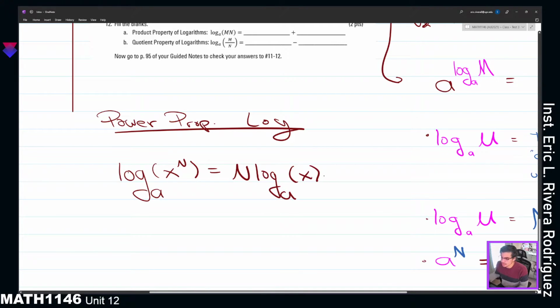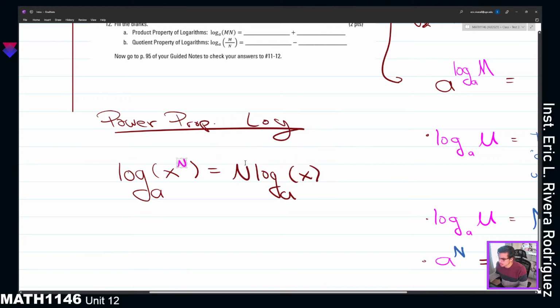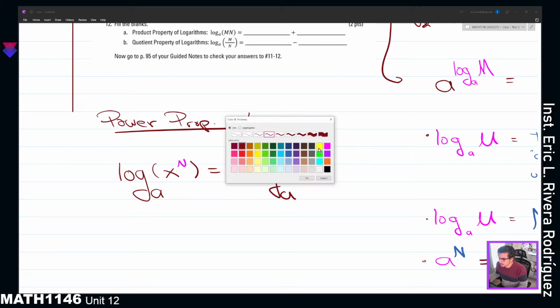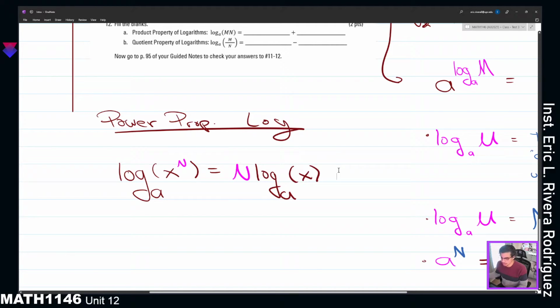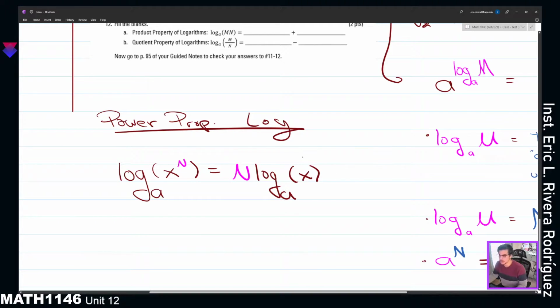Okay, but see that now the exponent of the argument is no longer there, because we use the exponent and we put it in front of the logarithmic function as a factor to the value of log base a of x. An example. Okay, log base 5 of x squared is the same as 2 times log base 5 of x.